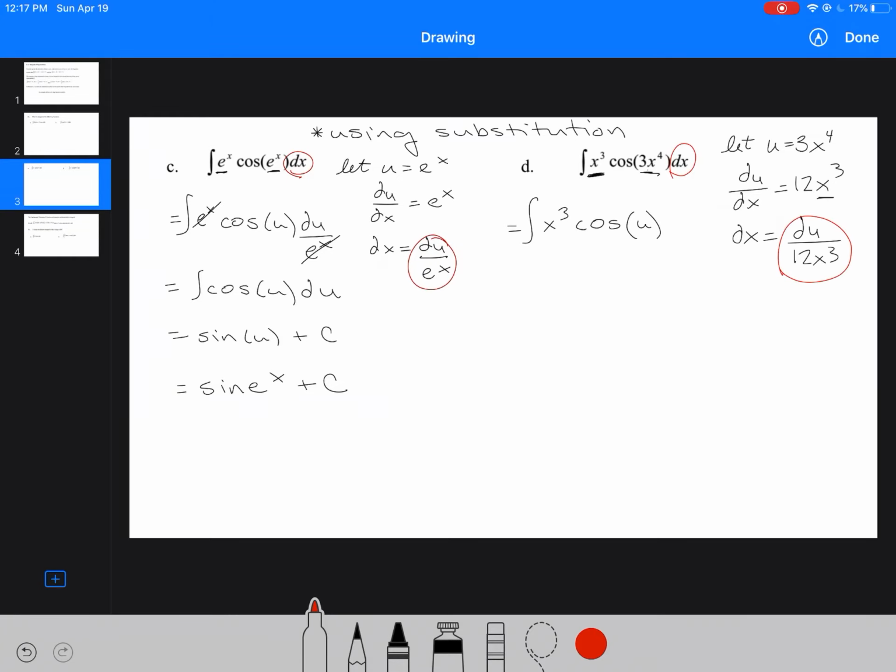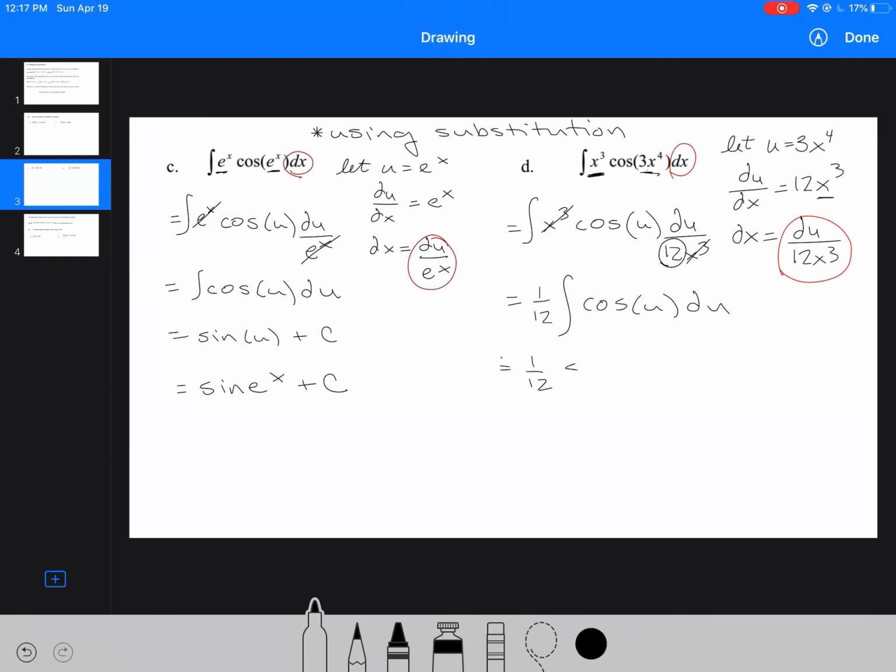I'm replacing dx with du over 12x cubed. Now the only part that I'm canceling out is the x cubed. My 1/12 is still there, and I can pull that out in front. So now again, I've got the integral of cos u.